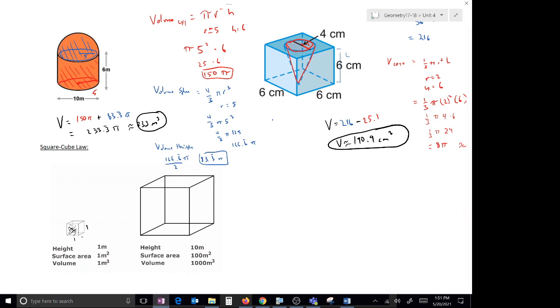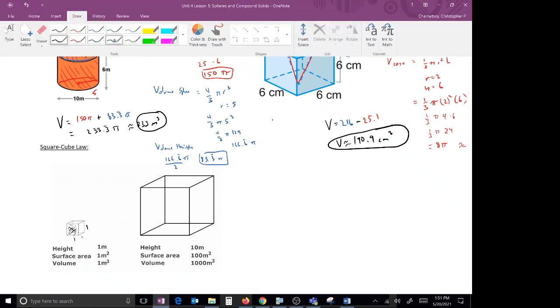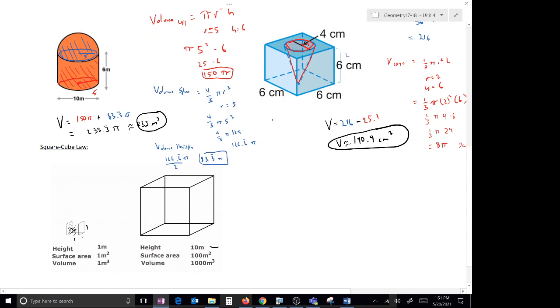Okay. What happens if we scale that up by a factor of 10? So we make it 10 times as tall. Right here, it's now 10 meters, 10 by 10 by 10. What happened to the surface area? Surface area is now 100 times as big as the original surface area.